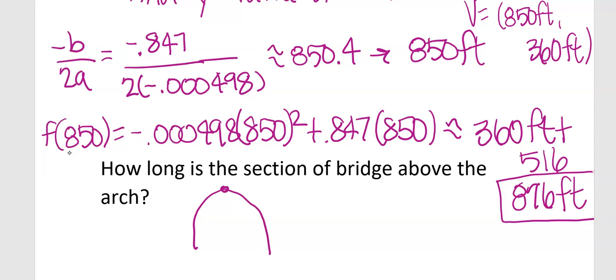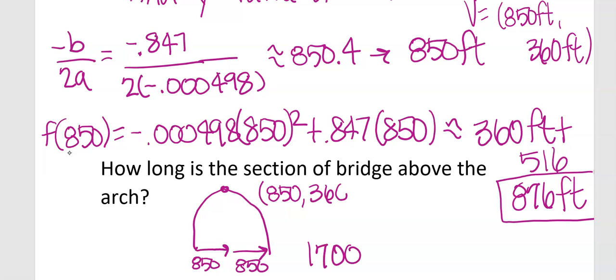This point right here, remember, is 850, 360. So from here to here is 850. From here to here is another 850. So 850 times 2, 1,700 feet.